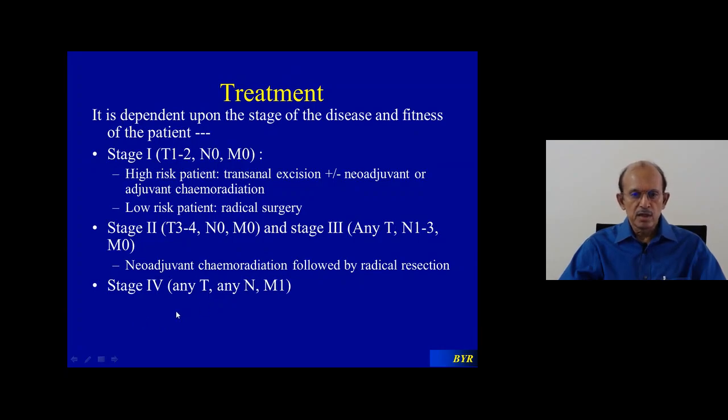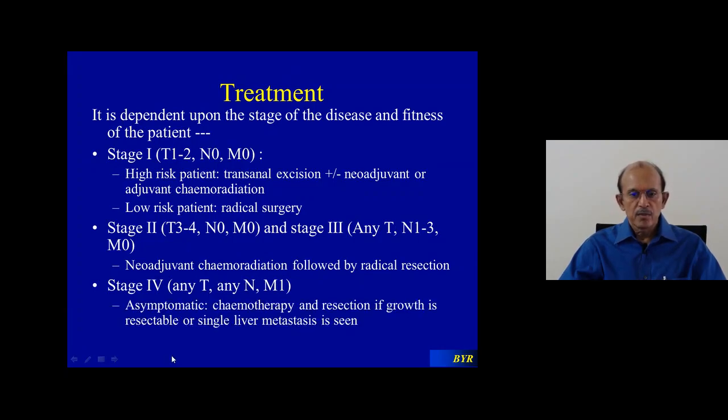For stage 4 disease, the patient has no symptoms. That means symptoms means bleeding per rectum, pain during defecation, or mass in the rectum causing constipation or altered bowel habits.